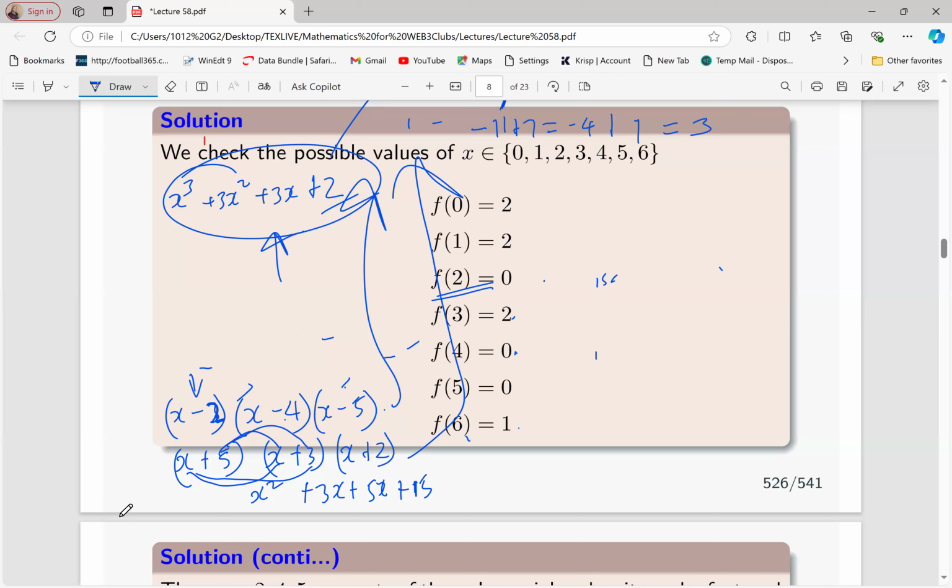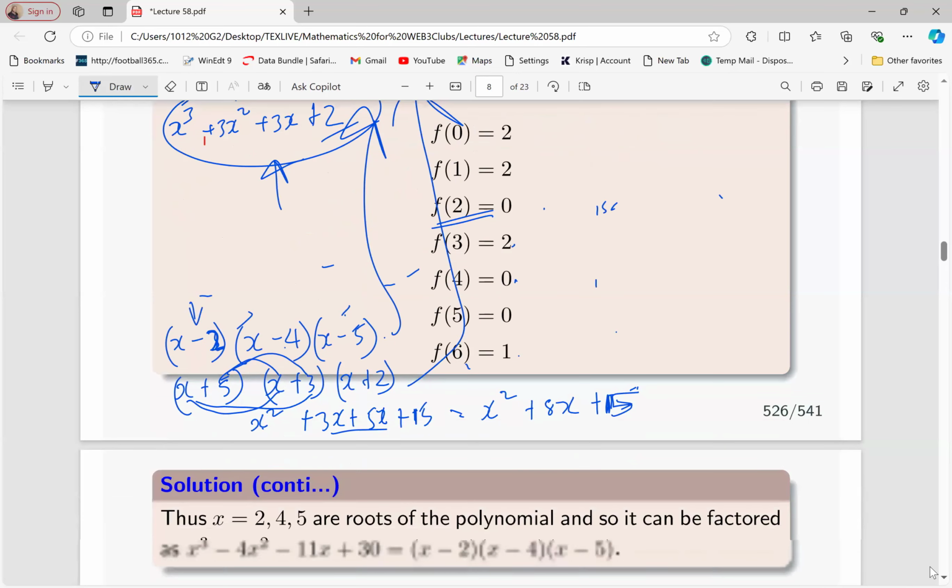So this is the same as x squared plus 8x plus 15. And if you want, you can reduce this mod 7, but let's leave it. We can reduce later. Now, let's multiply the remaining factor, x plus 2.